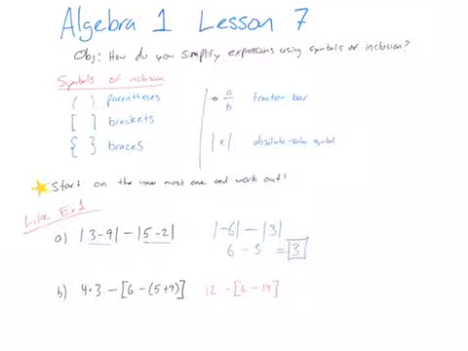I'm going to continue inside these parentheses. 12 minus 6 minus 14 is going to give me negative 8. When you're subtracting, you add its opposite, so it's going to be 12 plus 8, which comes out to be 20.